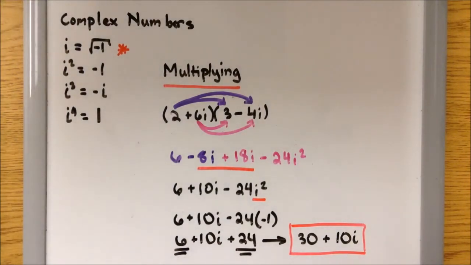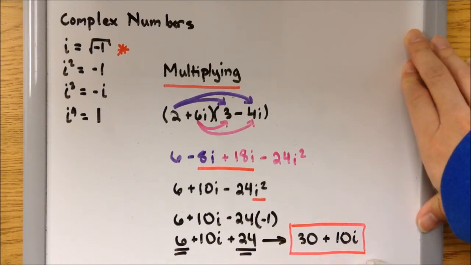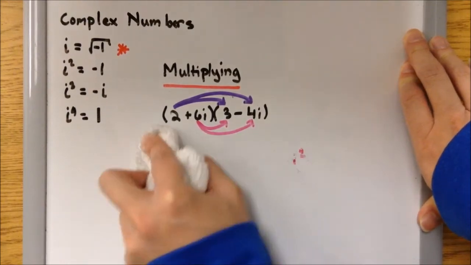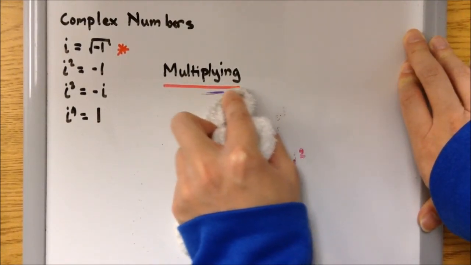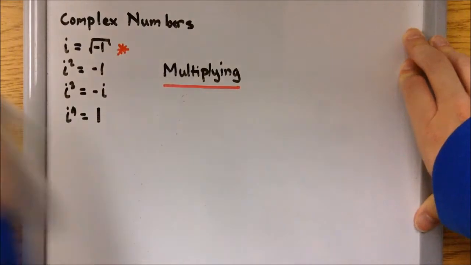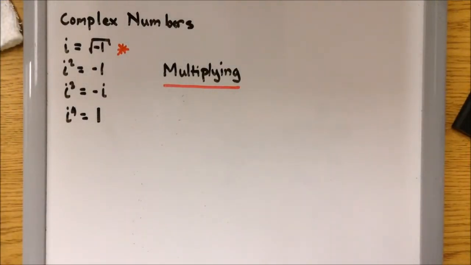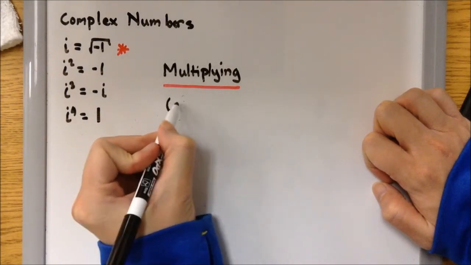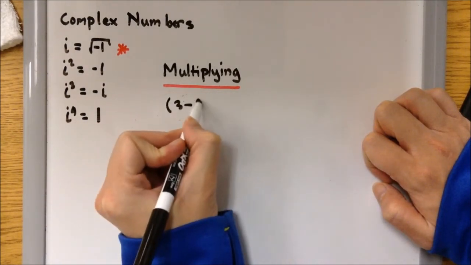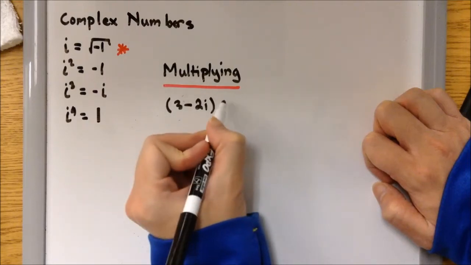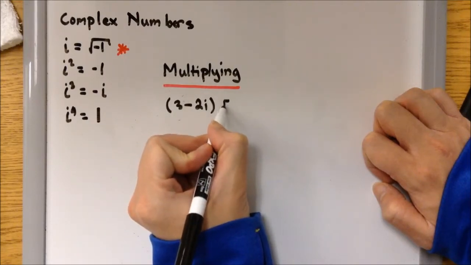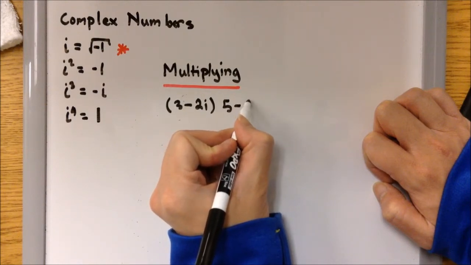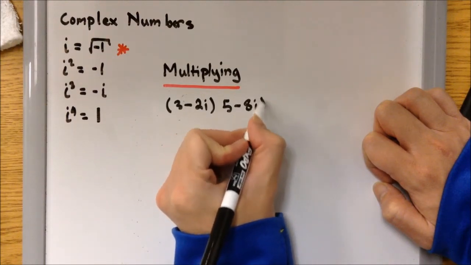But let's do another example to be well familiar with foiling with complex numbers. So, say in this example, we have 3 minus 2i, and then 5 minus, let's say we do 8i.